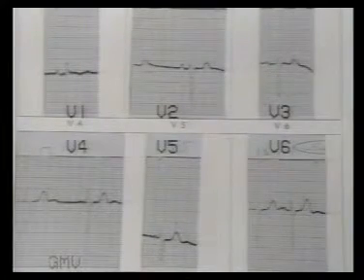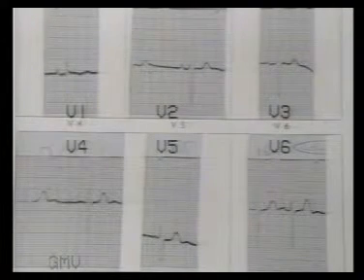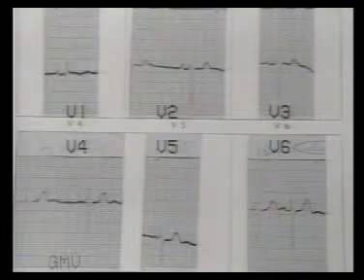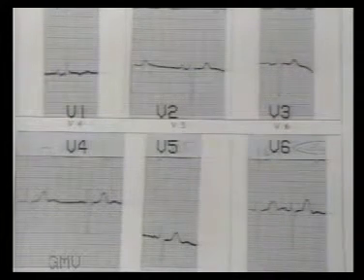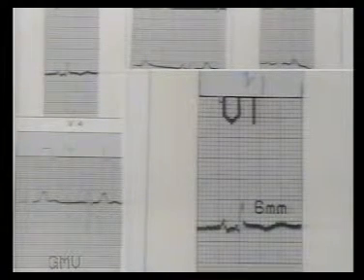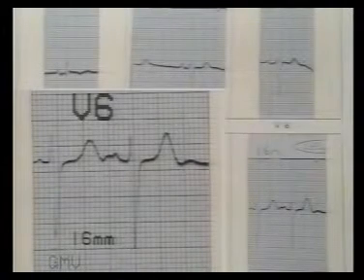The next ECG shows a prominent R wave in V1 and a deep S wave in V6. So right ventricular hypertrophy is suspected. Let us measure the amplitudes of RV1 and SV6. RV1 is 6 millimeters. SV6 is 16 millimeters.